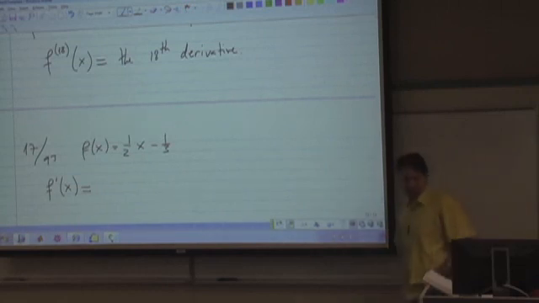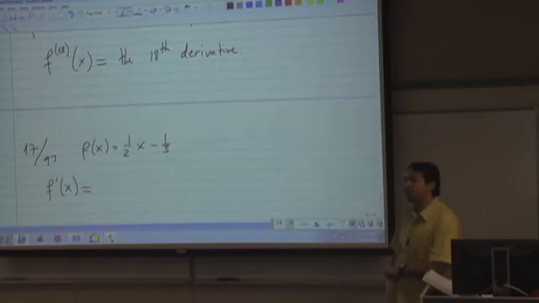And I want an answer from somebody who hasn't had calculus before. If you know how to take derivatives of polynomials, if you know what the power rule is, then don't answer this question. Would you know what the derivative is without actually going through the limit? Why not?